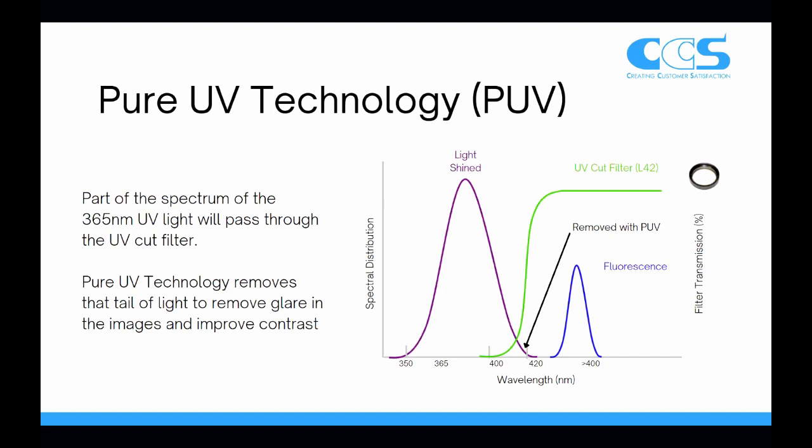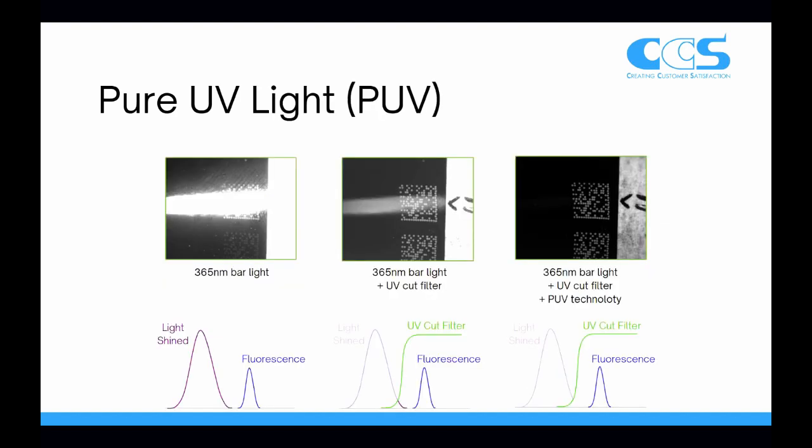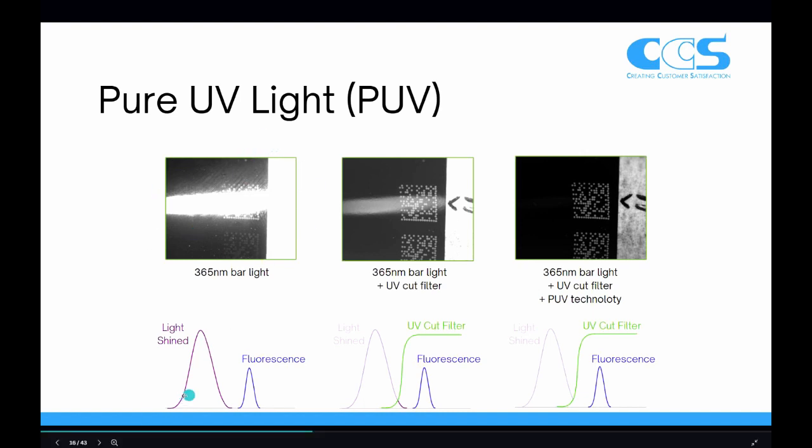And this really only occurs in applications that have a lot of glare. So you can see in this application, we have a UV light being shined onto a very reflective material with a barcode that fluoresces. What we're capturing here is a 365 nanometer light shined and the fluorescence.